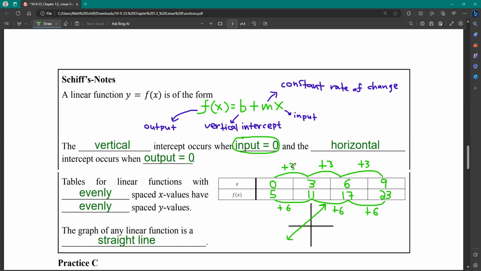So evenly spaced inputs give evenly spaced outputs, therefore it's linear. And then the graph of any linear function is a straight line. Notice that this is your vertical intercept when x equals 0, or the input is 0. And then your horizontal intercept is when the output is 0. The graph's on the x-axis.